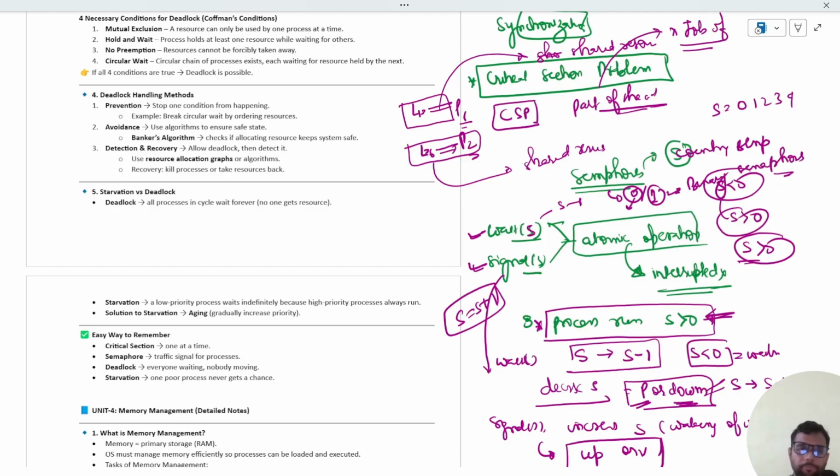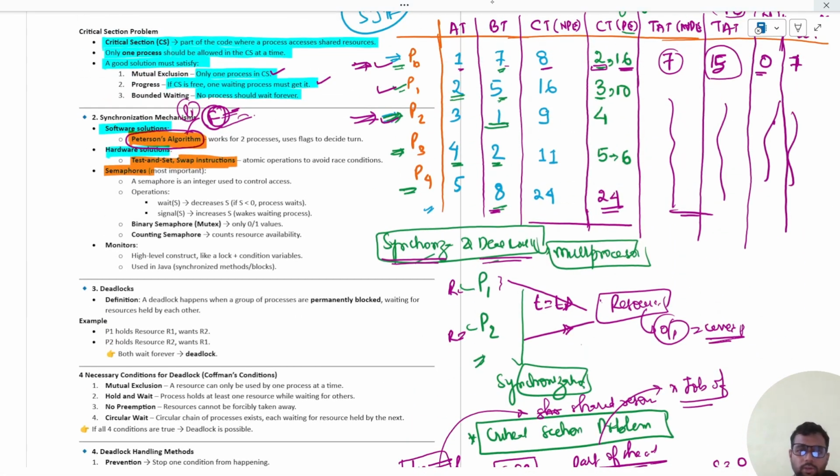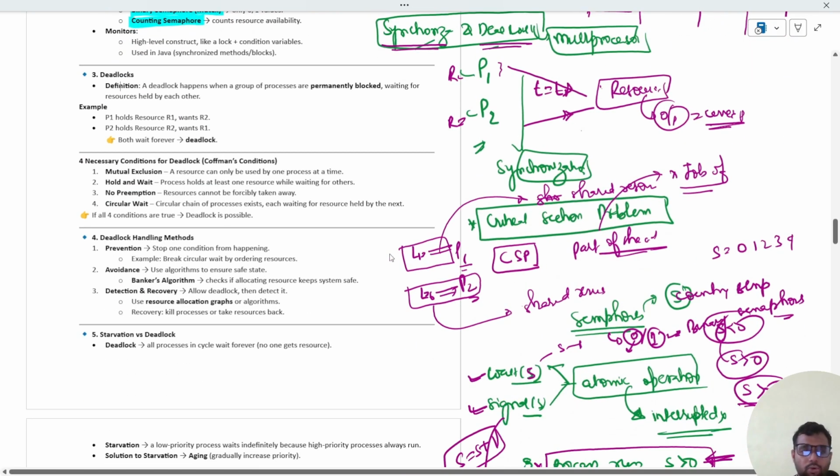I hope it is clear to you. So let us move further. A semaphore is an integer used to control access. I have discussed wait, signal, and also the binary and counting semaphores. Okay, so now we move to deadlock.